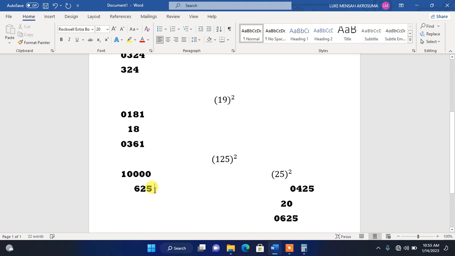Good. The next thing we do is to multiply. We get 625 by 1 and then multiply it by 2, the top number. You multiply 25 again by 1 and then multiply it by 2.